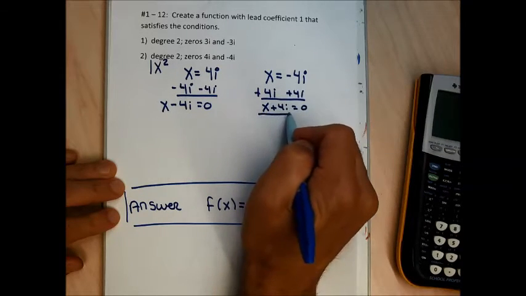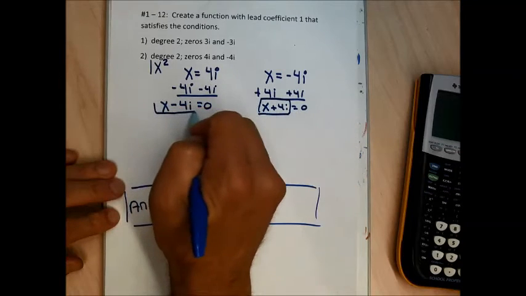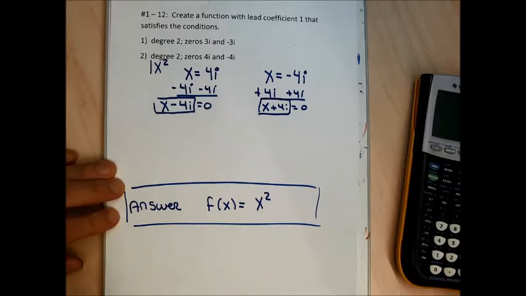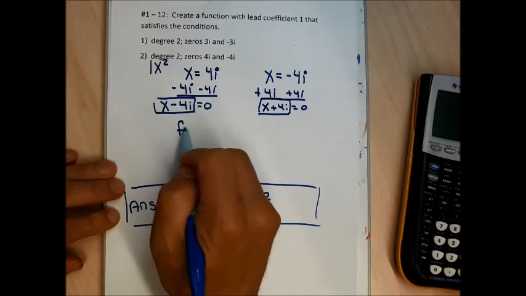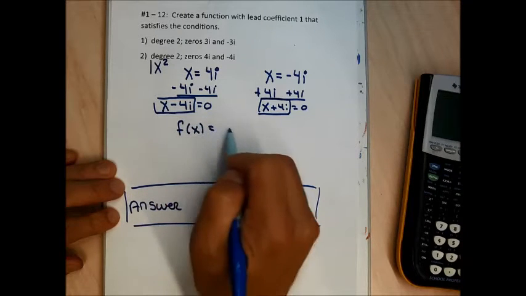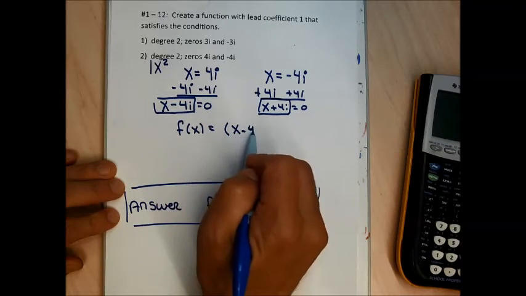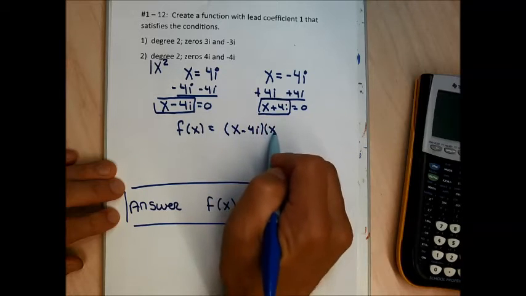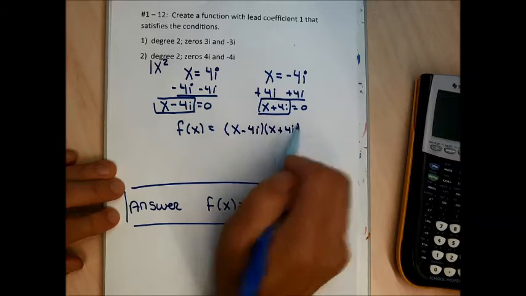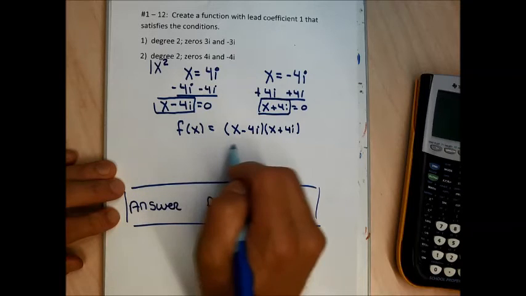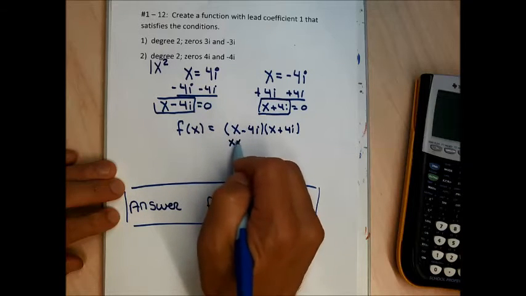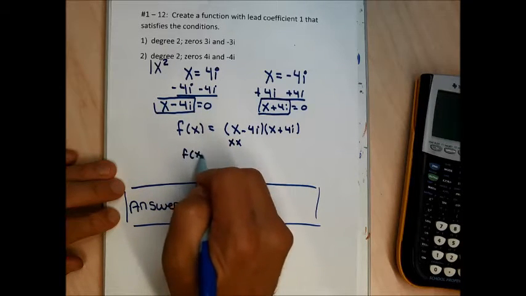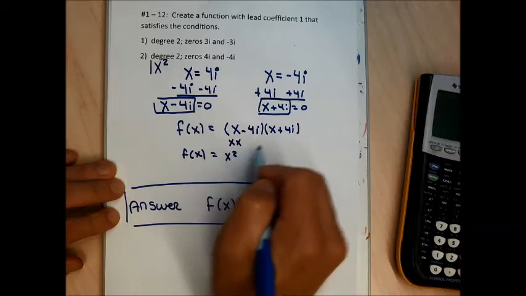And now I'm going to create my function by multiplying the left-hand sides of each of these equations together. So my function is going to be f of x equals x minus 4i times x plus 4i. I'm going to FOIL this. Firsts are going to be x times x, which will be x squared.